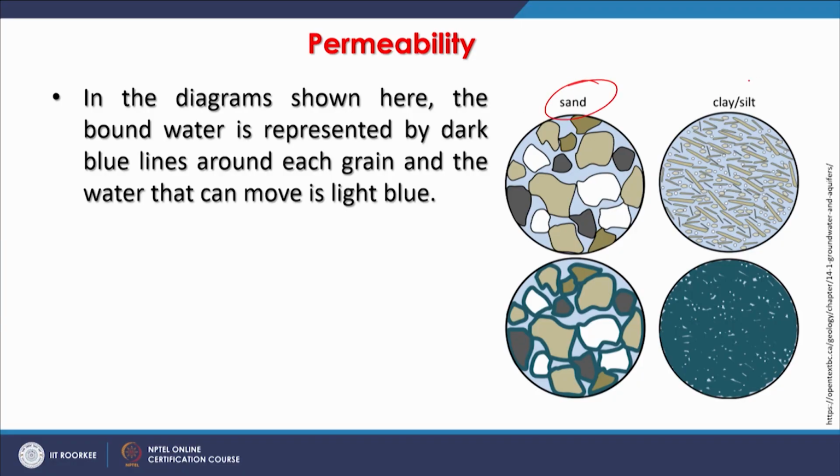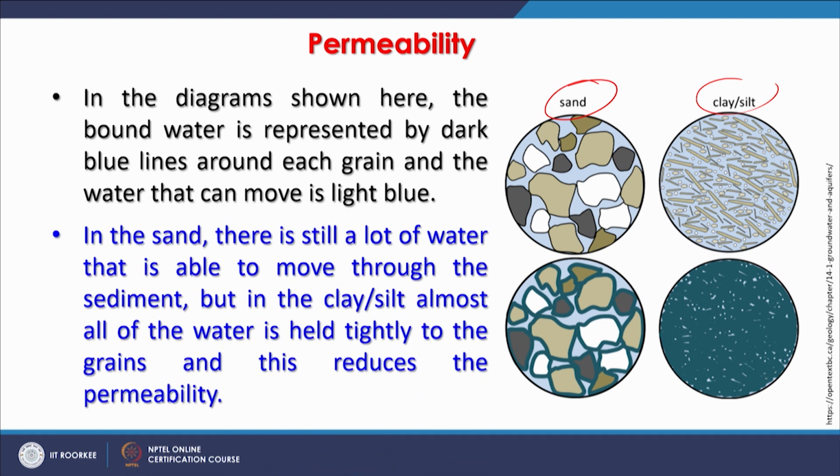As I have already shown through this diagram, with the example of sand, silt and clay, the bound water is represented by the dark blue line all along each grain, and the water that can move is in the light blue areas.